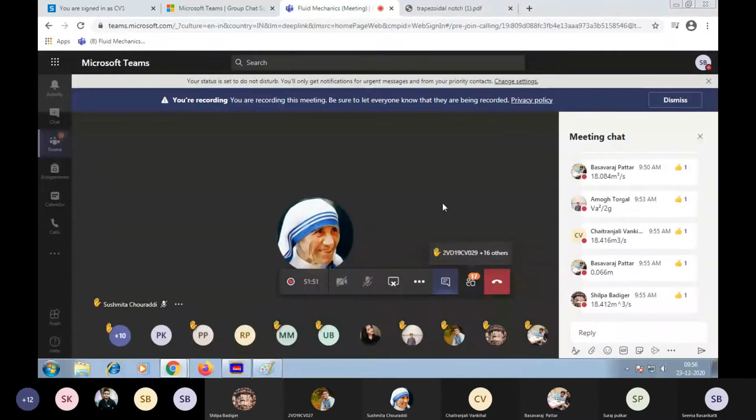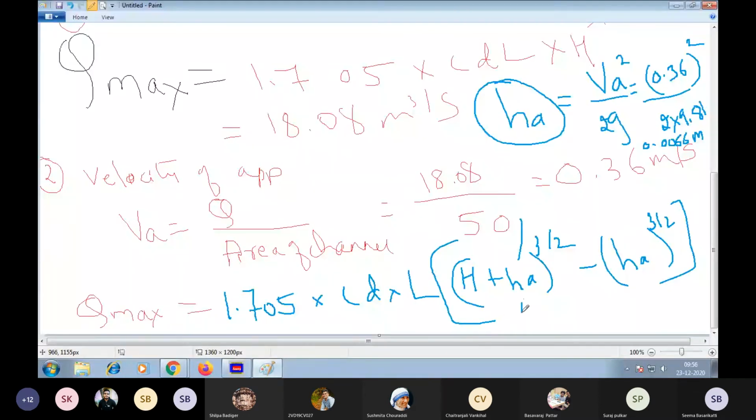Any other answers? 18.41. Okay. Meter cube per second. 18.41 meter cube per second is the correct answer.